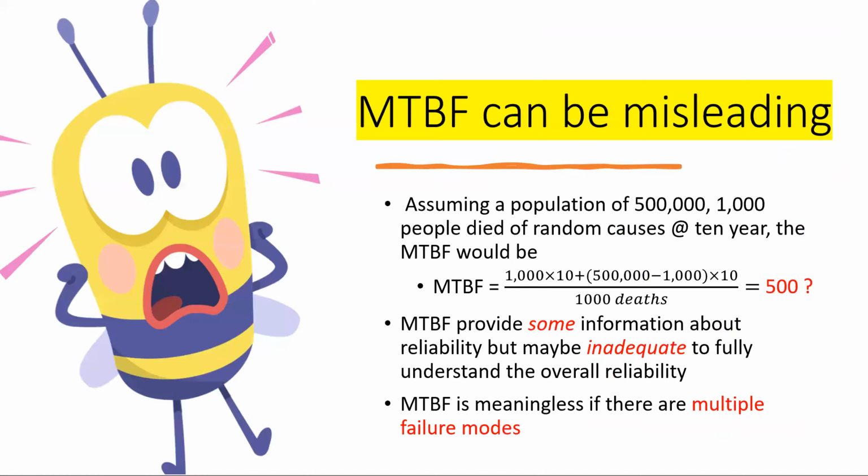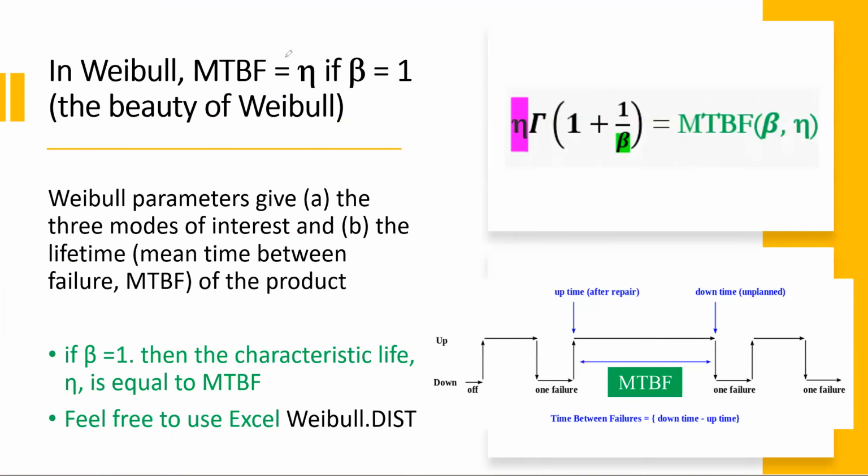And eta, mean time between failure, as we mentioned here, when the beta equal to 1, the eta, the time variable you obtain here, is the mean time between your failures. Okay, this is very interesting too. This is where your warranty comes in, right?